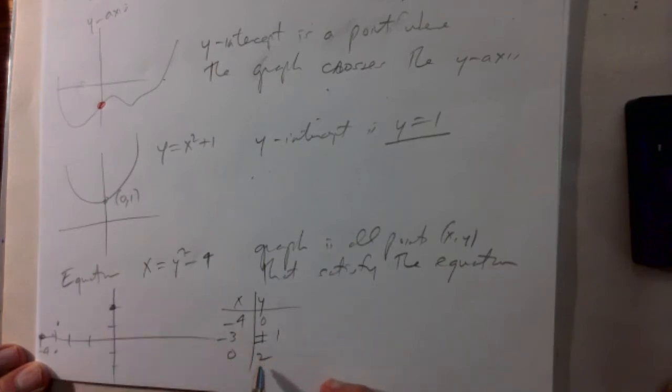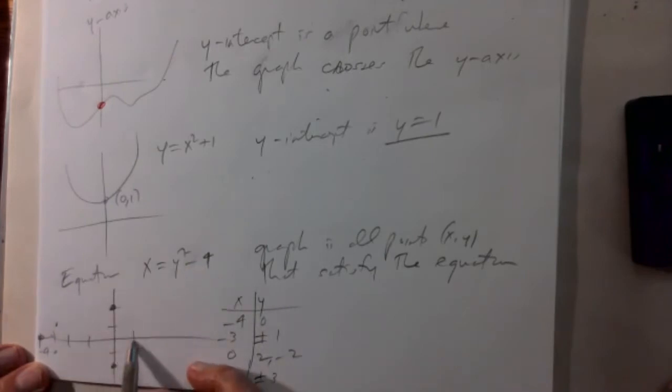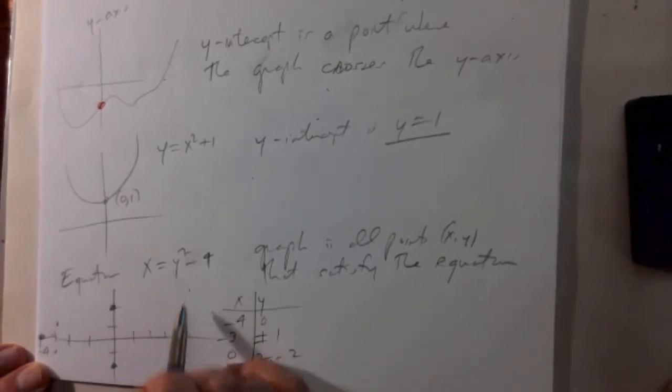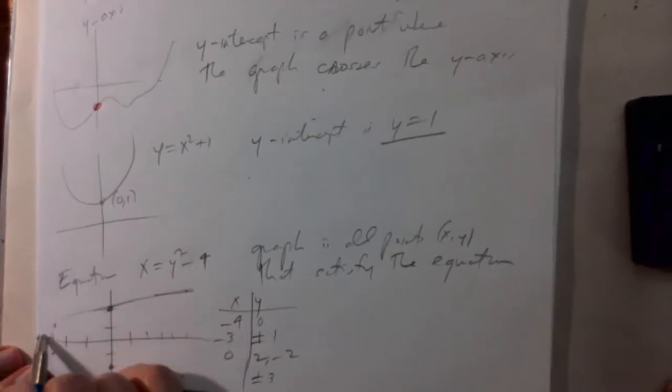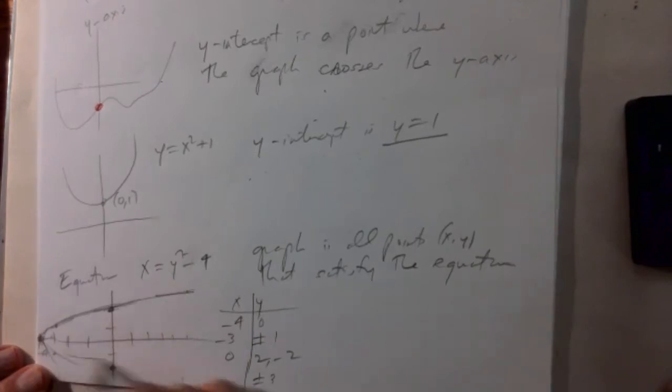And when y is minus 2, I also get 0. So plus or minus 2. When y is 3, y squared is 9. 9 minus 4 is 5. I'm out here. And the graph of this, it's a parabola, which instead of going up, is going to the right.